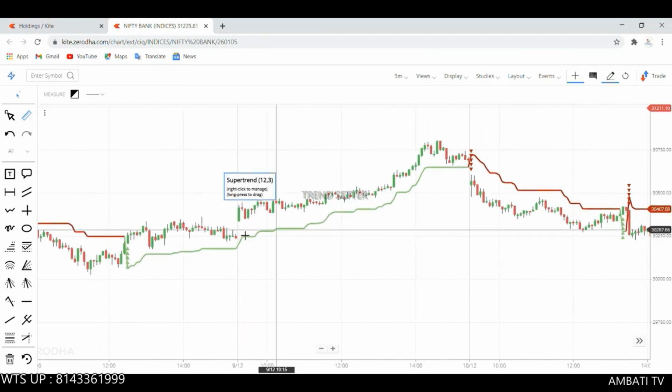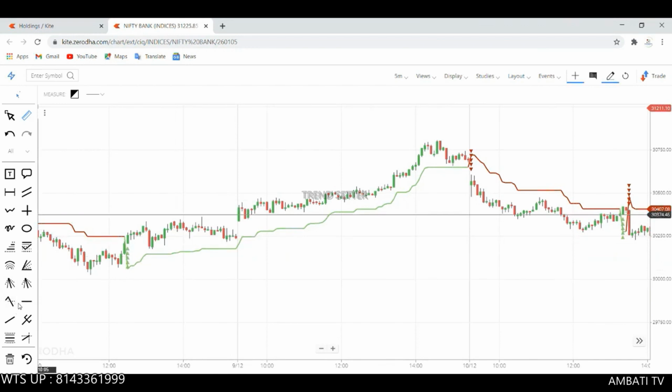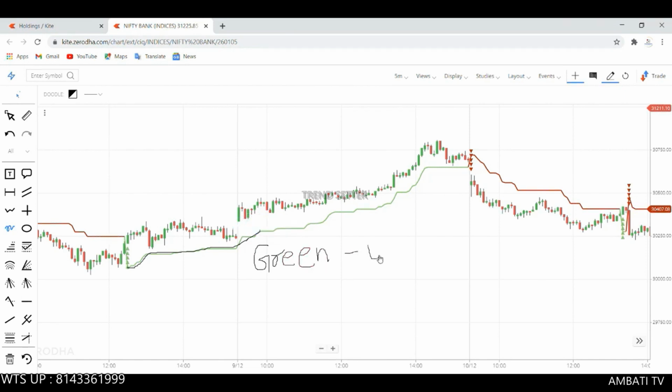It is very simple to understand. This is green, right? Green means an uptrend. It means the stock will go up.